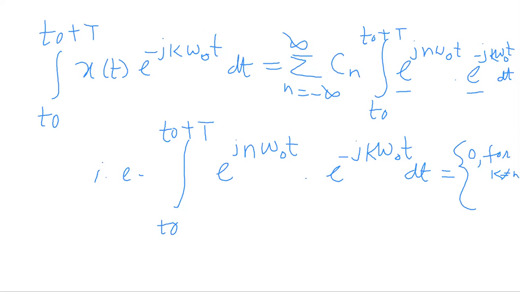And if n is equal to k, the integration will be T, because the multiplication will be 1 and only the integration of dt remains. So the integration of dt is T. So this is for the value k equals n.